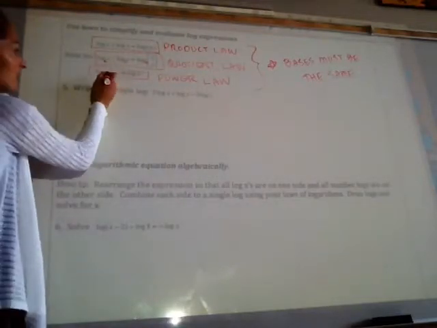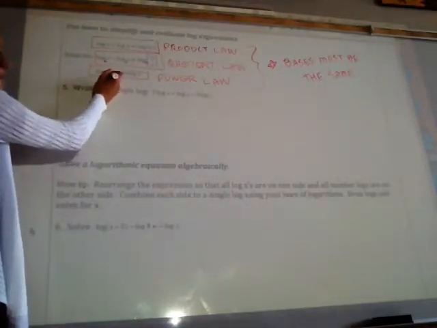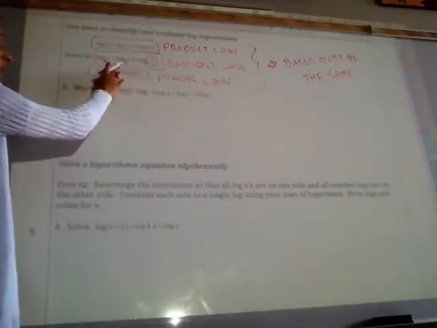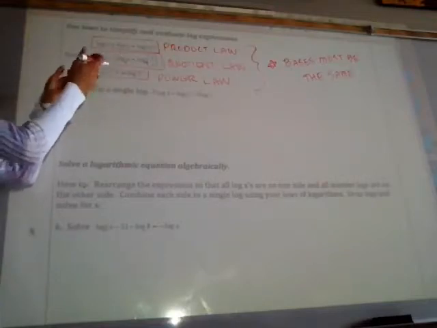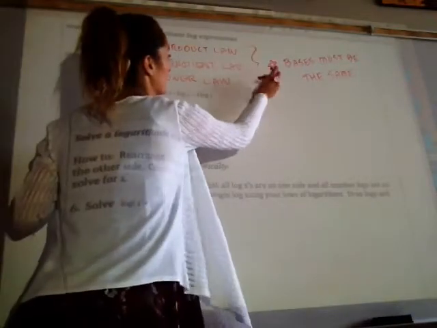Now for this one, not necessarily, because it actually doesn't matter for the last one, because there's only one term, right? So sorry, technically just for product and quotient law, bases must be the same. Any other questions? Hopefully that's pretty obvious because you only have one term for this, right? So all you're doing is moving that exponent.